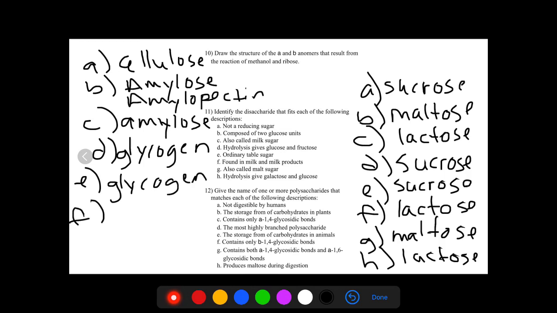F contains only beta 1,4 glycosidic bonds, that's cellulose. And then G contains both alpha 1,4 glycosidic bonds and alpha 1,6 glycosidic bonds. That's going to be amylopectin and glycogen.